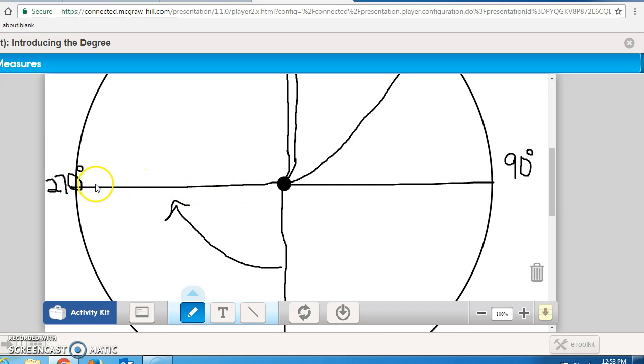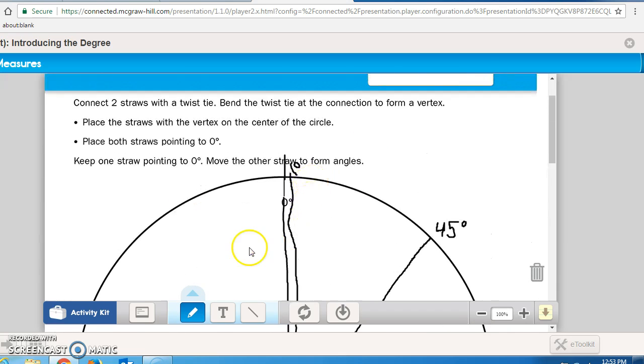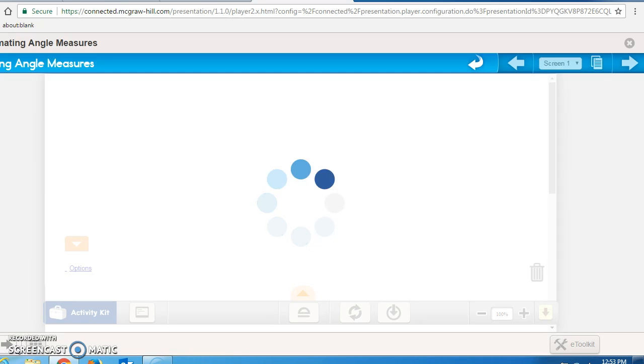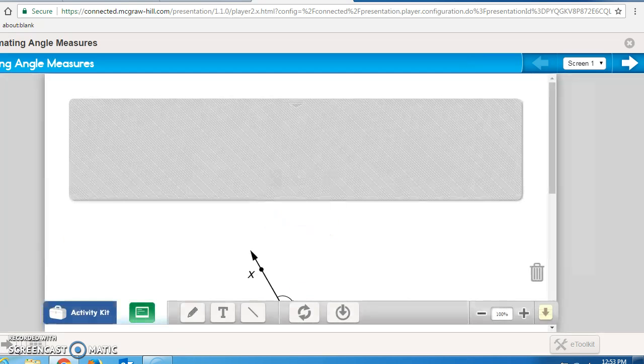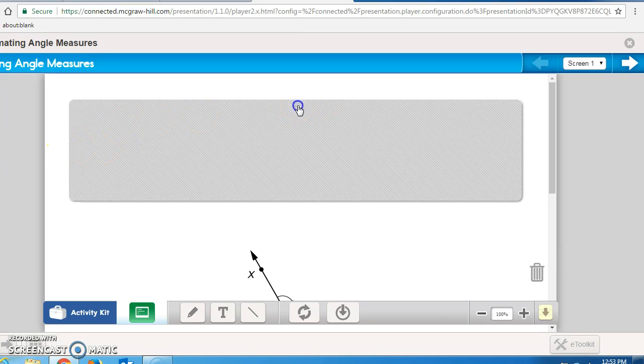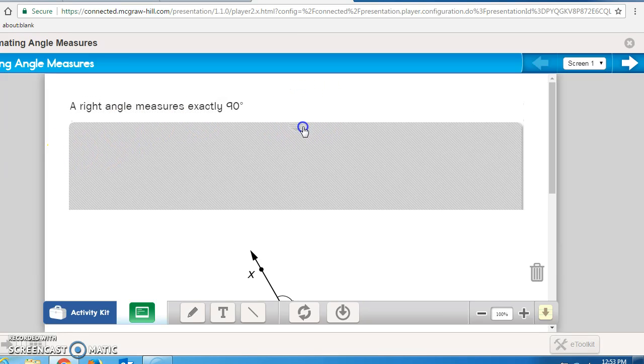And if I took this same straw and brought it all the way back up to meet my original straw, I would say that I did a 360 degree turn. That's how that is done. So a quarter turn is 90, a half turn is 180, a 3/4 turn is 270, and a full turn is 360.